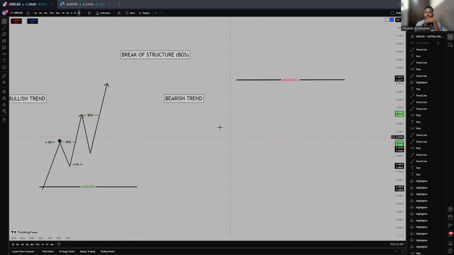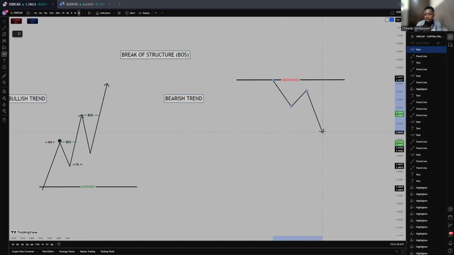All right. So now price is coming from a level of what? Resistance. Means price is pushing downward. It's being resisted. Can't go through it, creating what? Lower highs and what? Lower lows.